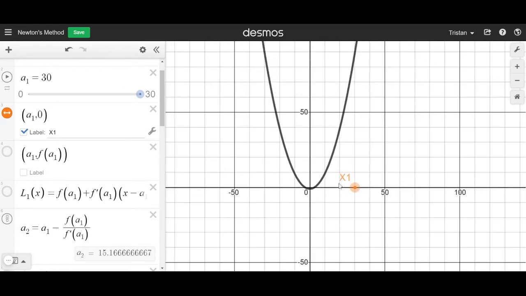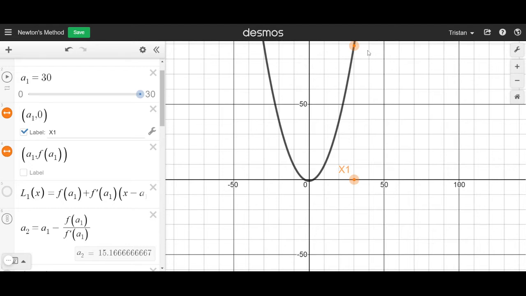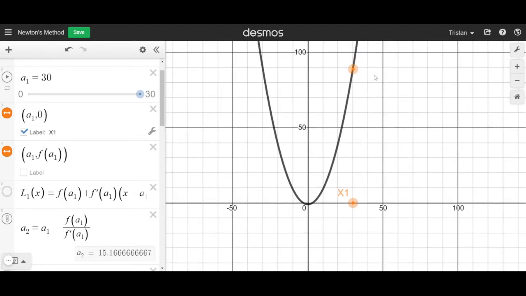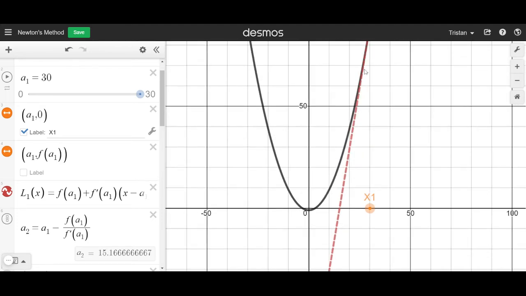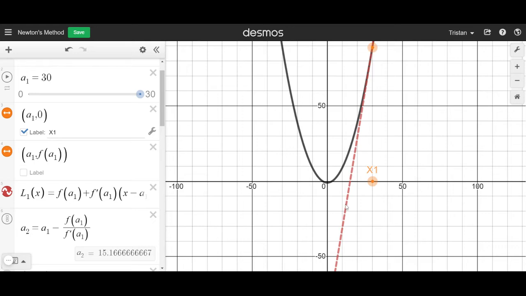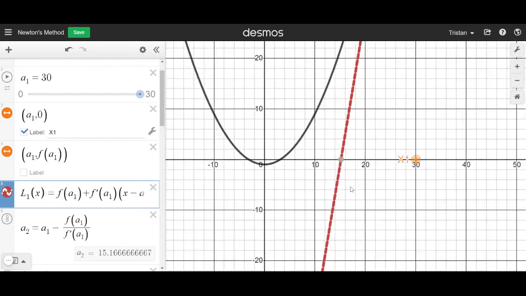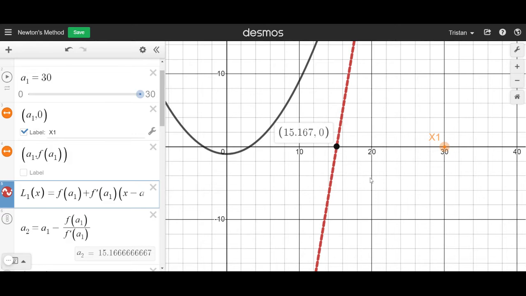Then we're going to look at the point on the graph of the function for that x value, and we're going to find a tangent line to that function. So, there's the tangent line. The idea is that the function should be sort of curving towards the x-intercept, and so if we look at where that tangent line crosses the x-axis, that should be a better guess than our initial guess.